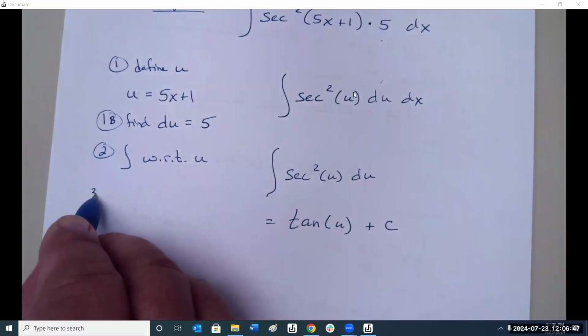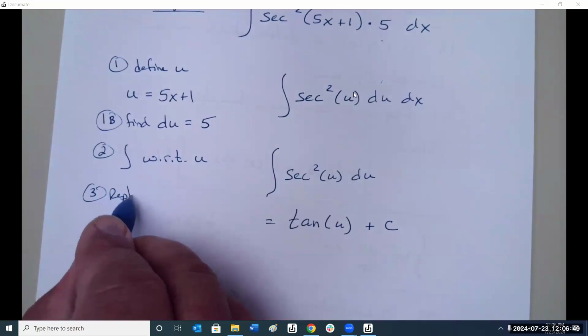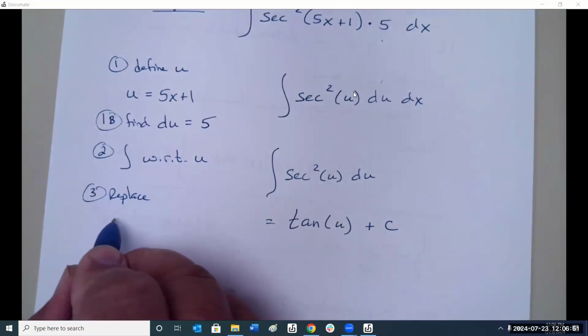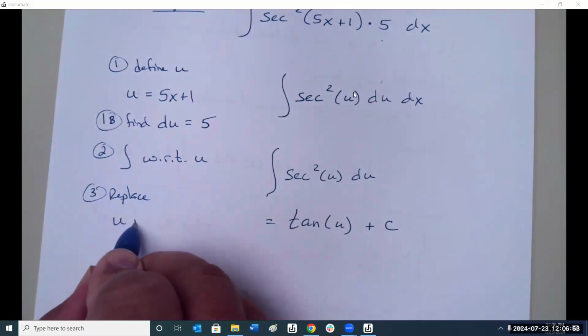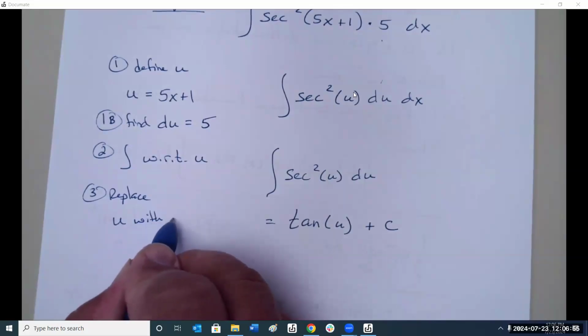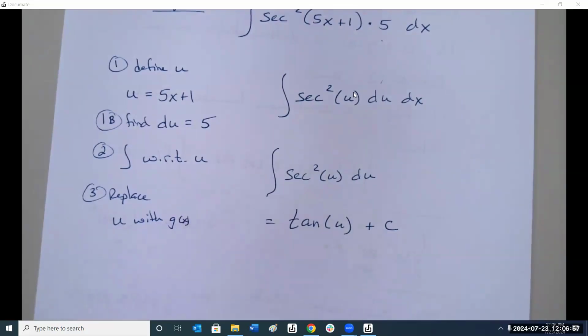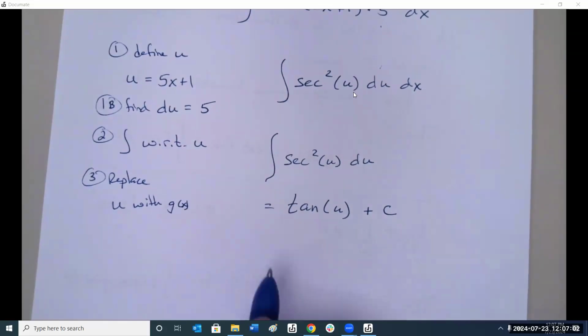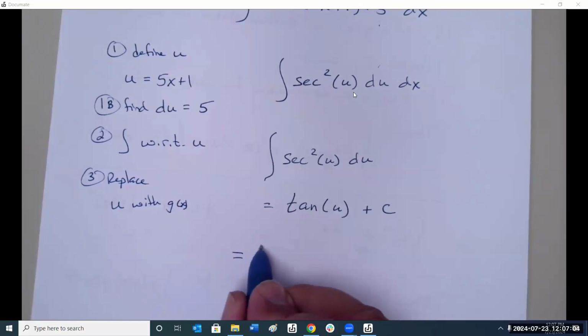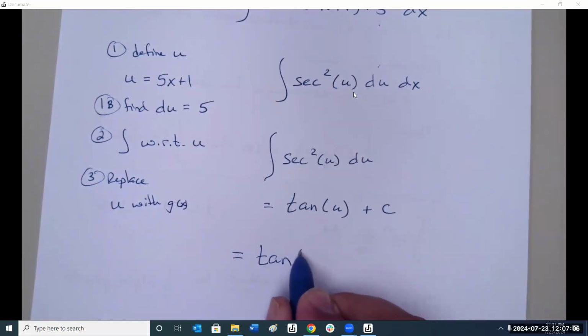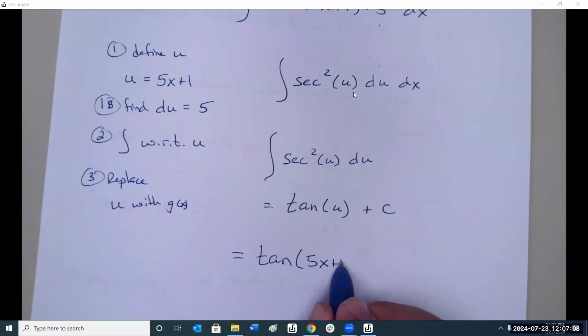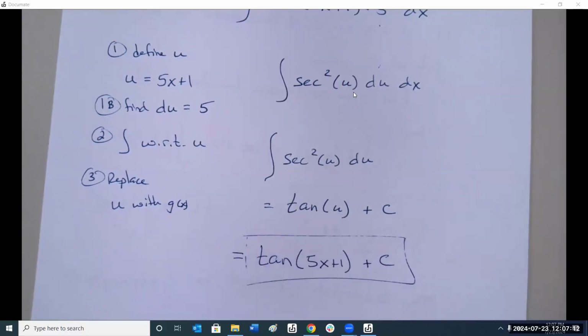Step 3, replace u with g of x. And there's our answer.